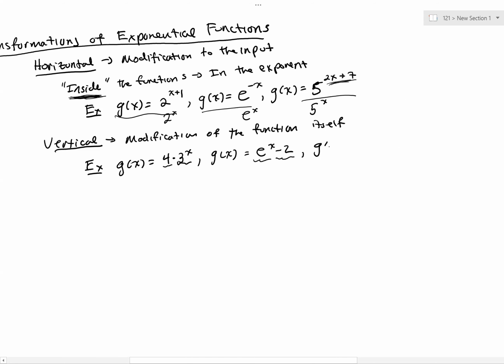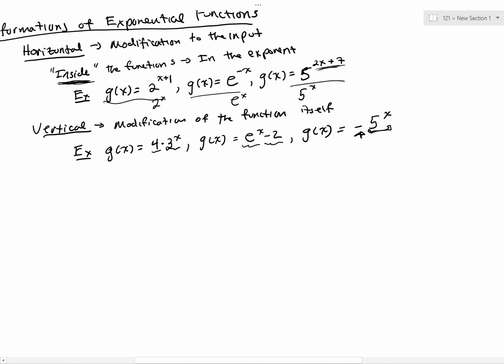So another example would be, say, g of x is equal to negative 5 to the x. Here, we're taking the function 5 to the x, and we're negating its output. So we're changing the sign of the y values, if you will. So these are all examples of strictly vertical transformations.